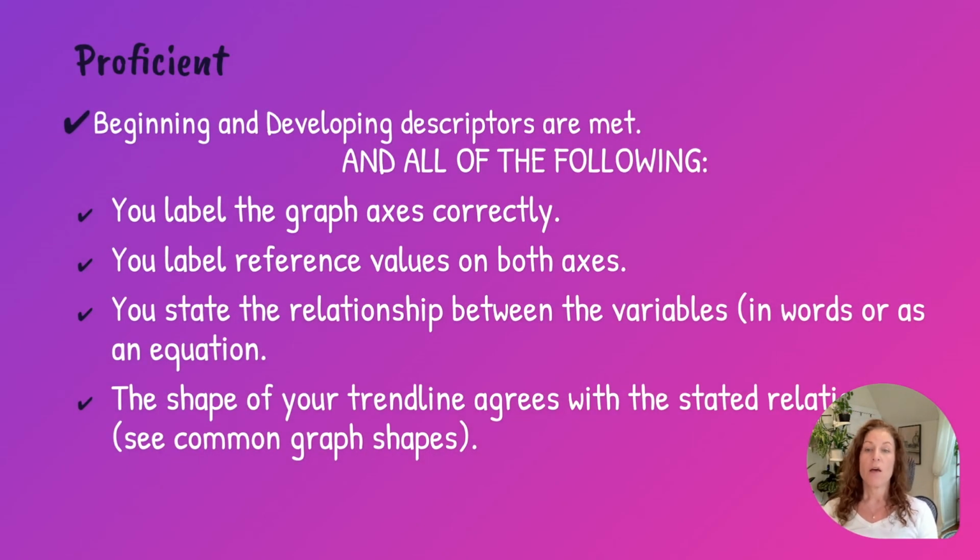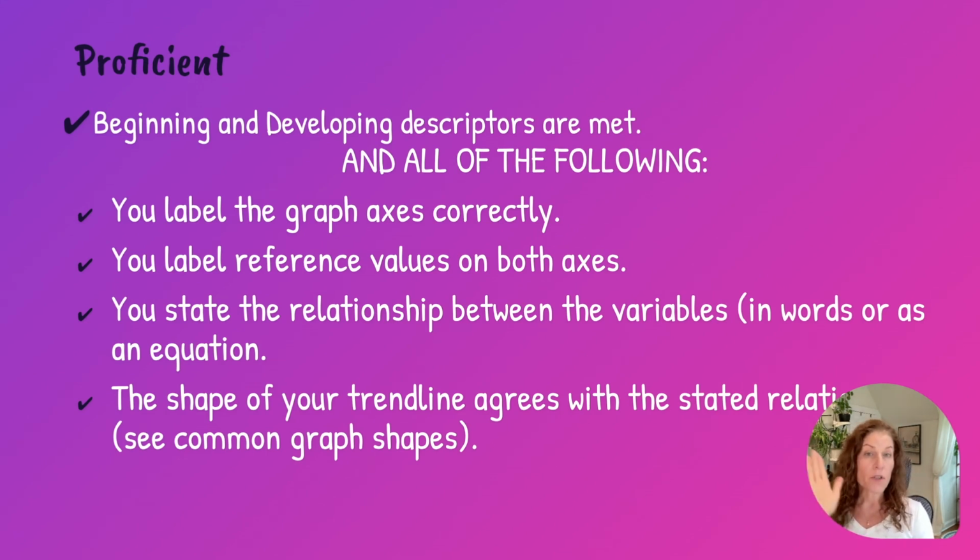Proficient means that the graph axes are now labeled correctly. The units are correct, right? And now you're putting reference values on both axes, right? Reference values, I mean, I'm putting either numbers, because you have them. So maybe it's 1 and 2 and 3 and 4, or maybe it's 2, 4, 6, 8, or 10, 12, whatever.